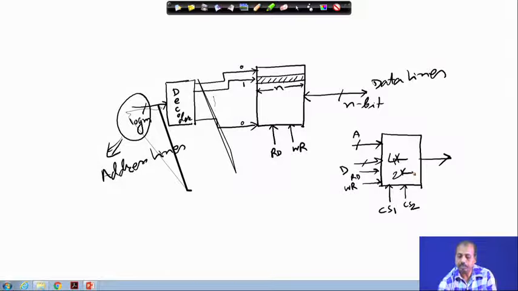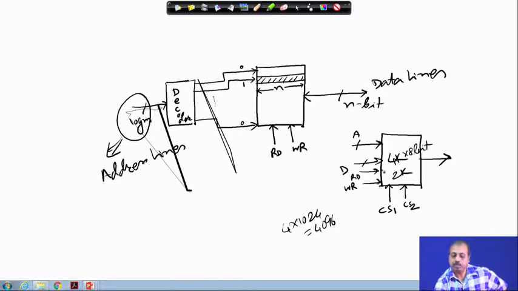So, 4K identifies that it is 4 kilo such locations. If it is 4K into 8 bit, that means individual locations are 8 bit wide and there are 4K such locations, that is 4 into 1024, that is 4096 locations in this chip.